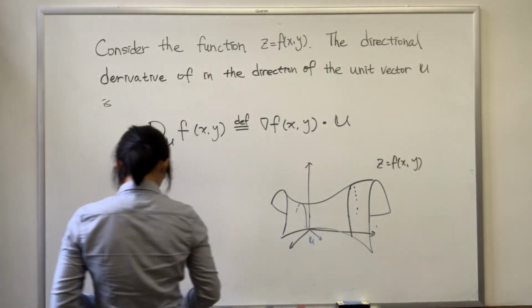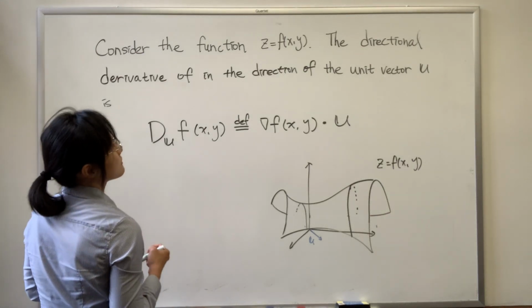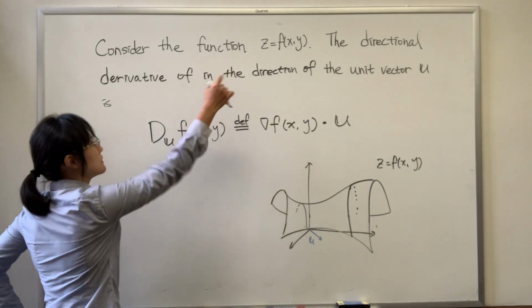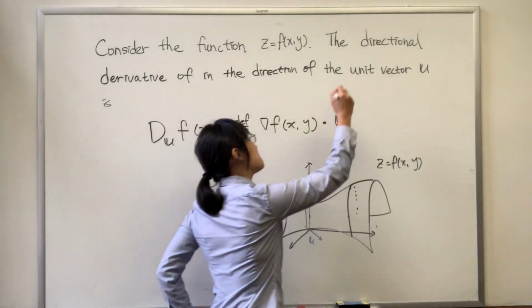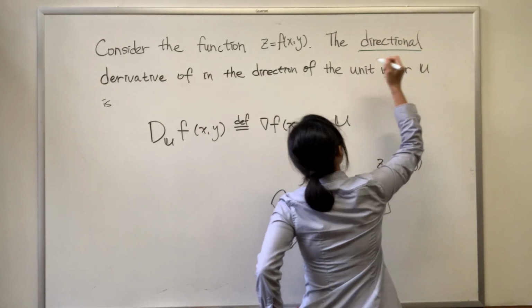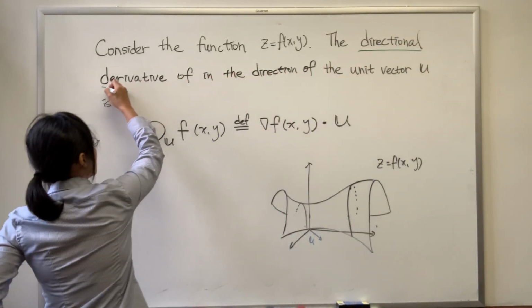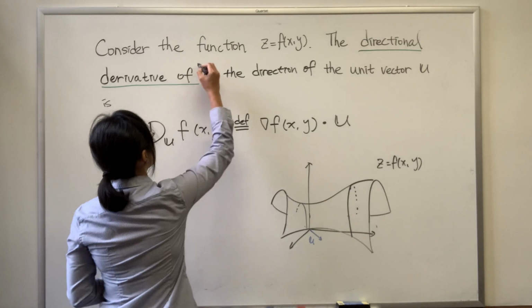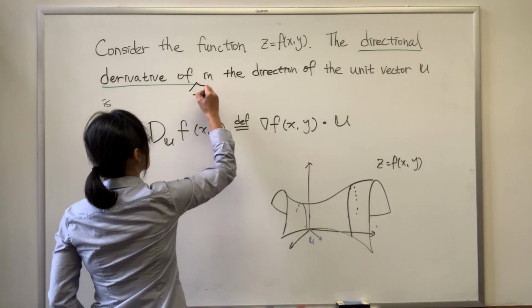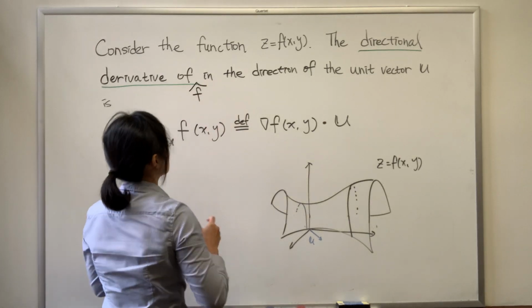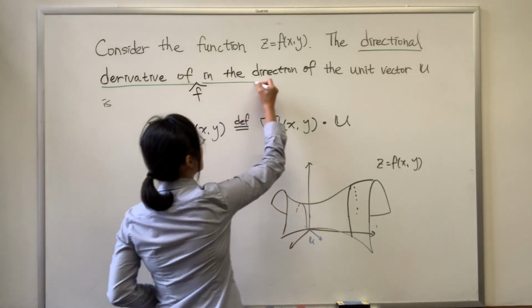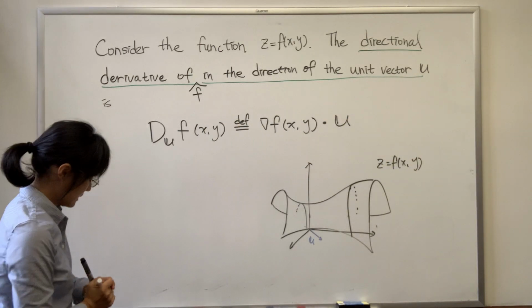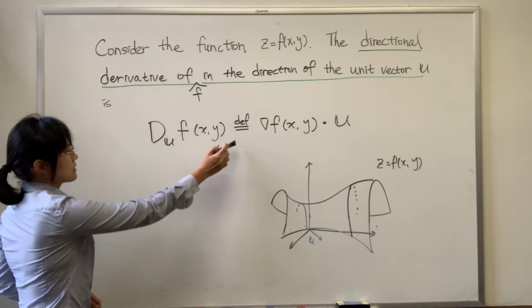Another terminology, directional derivative. Okay? So again, when we're given a function f of x, y, the directional derivative of f in the direction of a unit vector is defined this way.